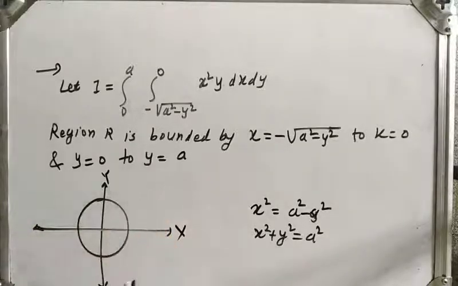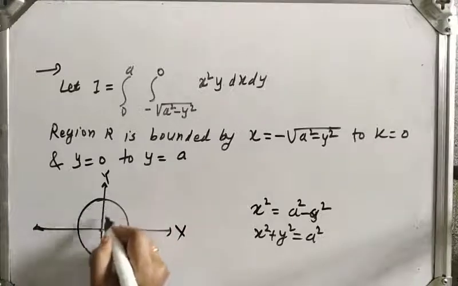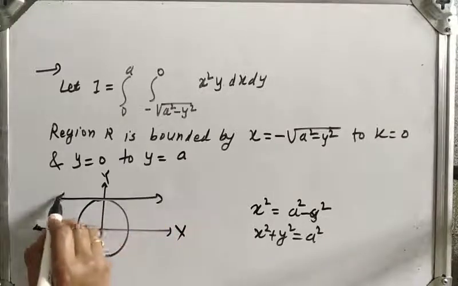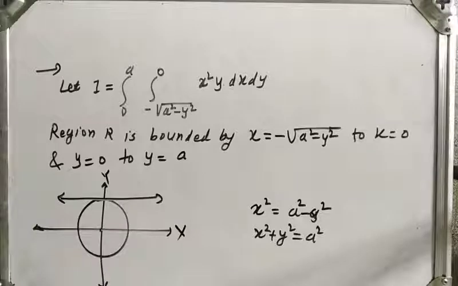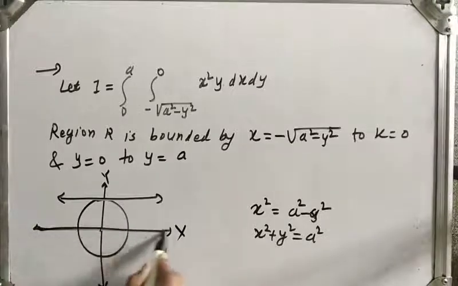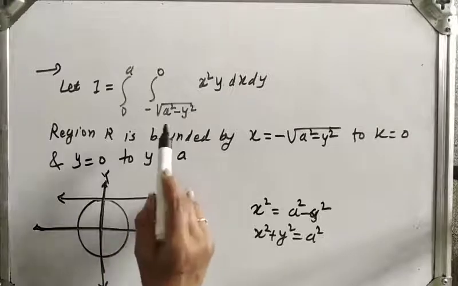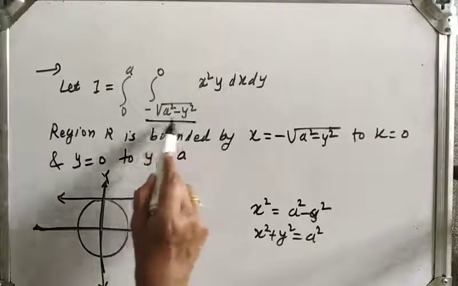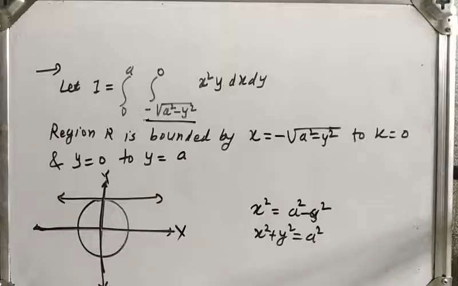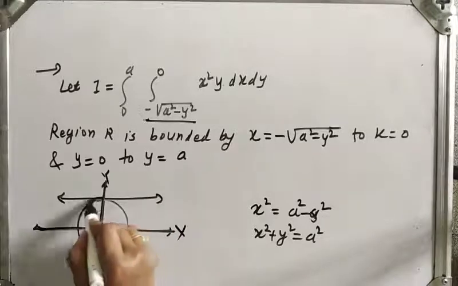Okay, so what is a? This distance is a because the radius is a, so this line. So x axis, y axis, this circle, and look here, it is negative, minus of this means which part of the circle will be this part.